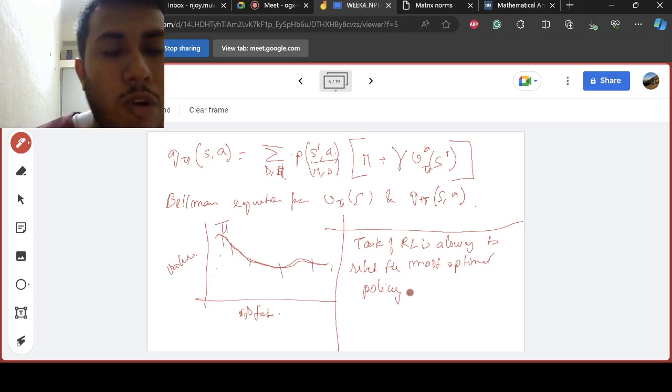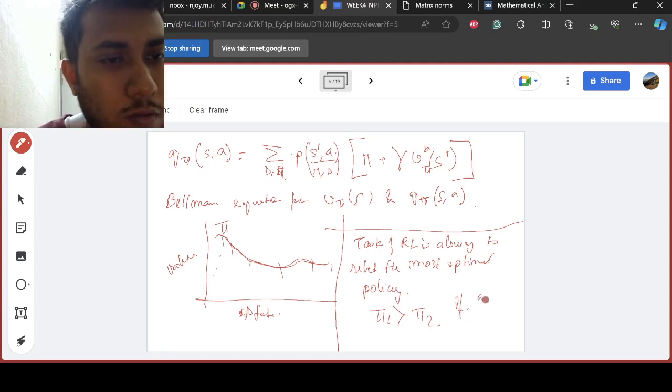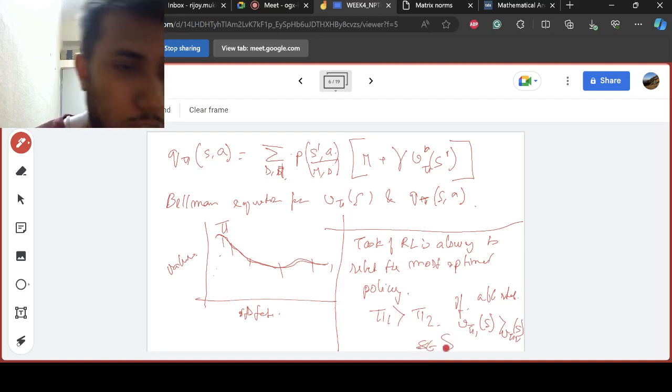How are you comparing policies? We say policy pi 1 is greater than policy pi 2 if for all states, V pi 1 of S is greater than V pi 2 of S, where S belongs to the set of all states.